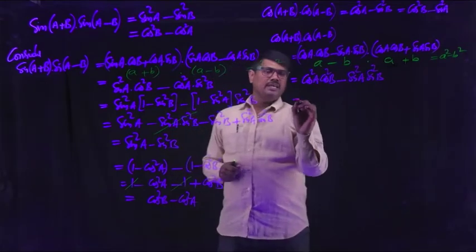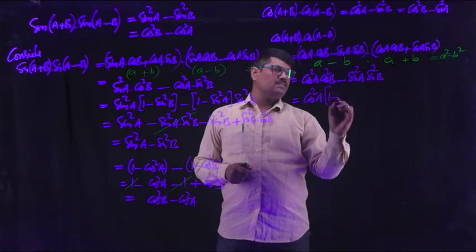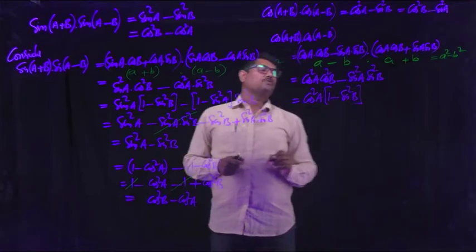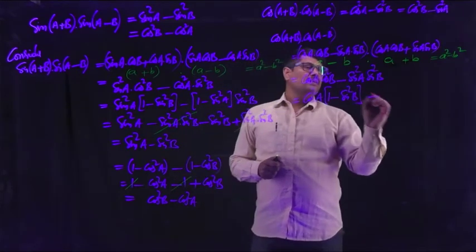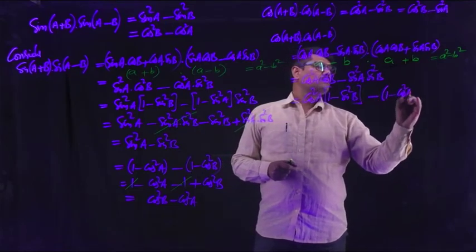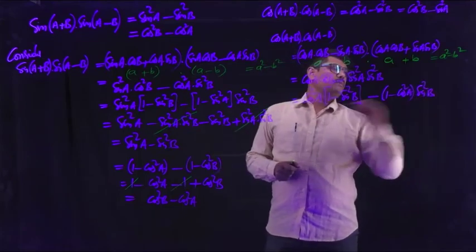Now changing cos square b as 1 minus sin square b, and changing sin square a as 1 minus cos square a, you will get cos square a into 1 minus sin square b minus 1 minus cos square a into sin square b.